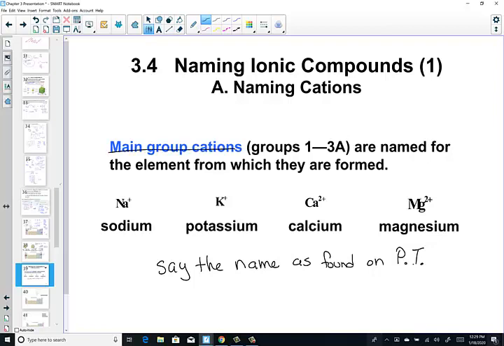So main group cations, the sodium ion, Na+, we're just saying the name of the element, and we put on the word ion to let you know it's charged. K+ is named potassium ion. Ca2+, calcium ion. Mg2+, the magnesium ion.